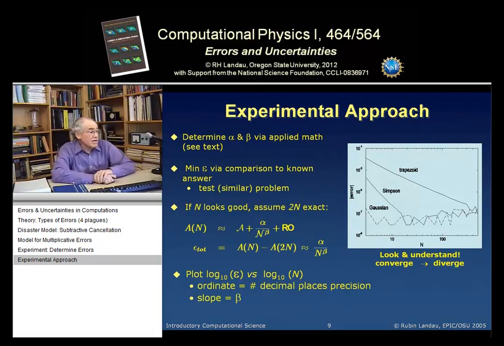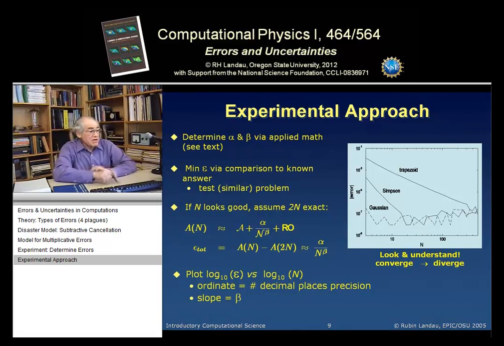So here on slide 9, in the figure, we actually have the results of 3 computations, which you yourself will be doing in a little while. So these are integration calculations, and this is the relative error in the answer as a function of the number of steps used. And you can use a calculation of this sort to actually determine what the values of alpha and beta are.